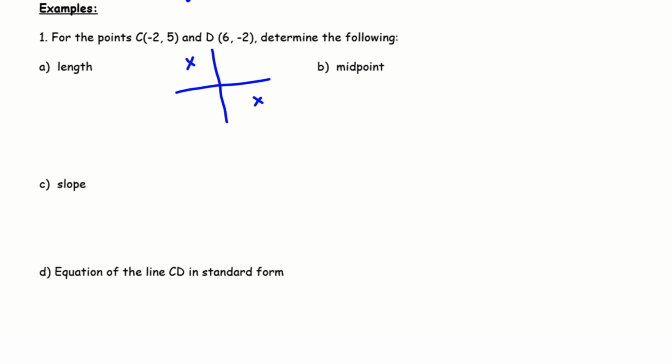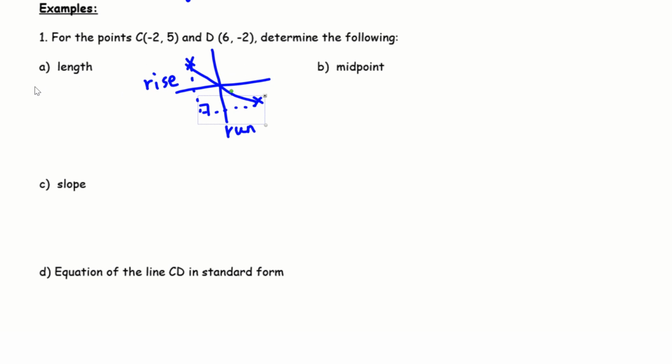The distance between these 2 points, we could draw a right angle triangle. This is the difference of y, we call it rise, and the difference of x we call run. So in this right angle triangle, Pythagorean theorem, we have the hypotenuse squared equals the other two sides squared, added together, then square root.